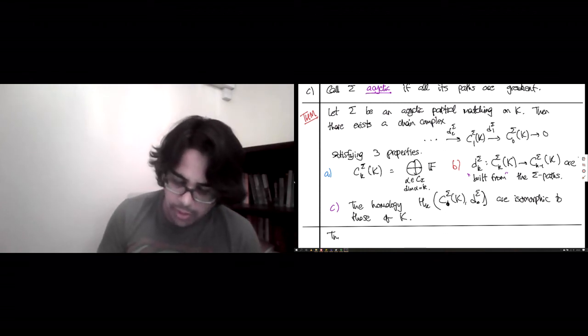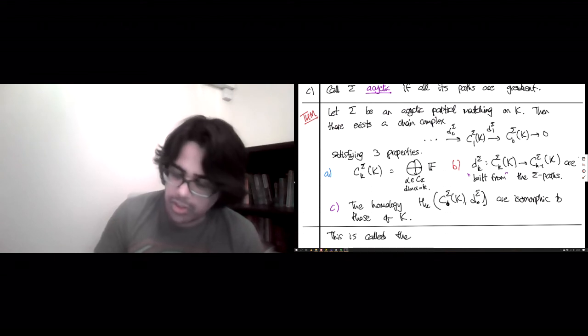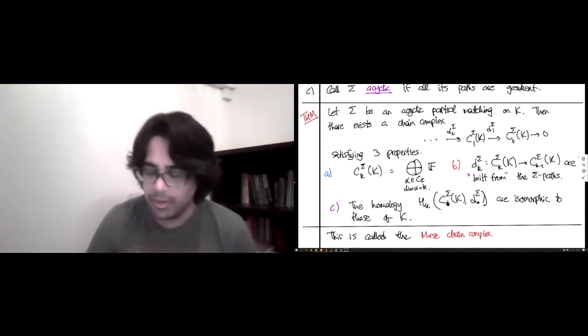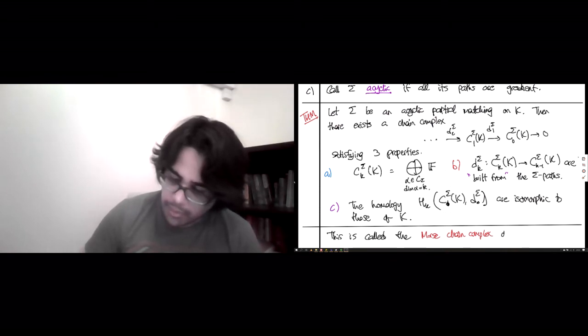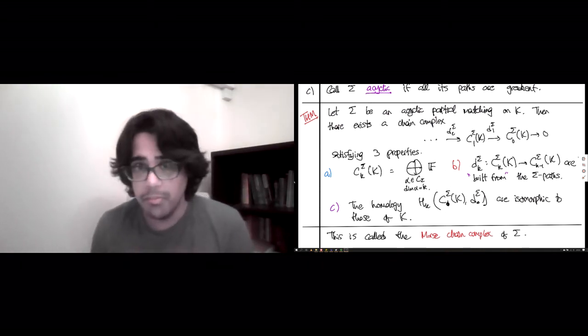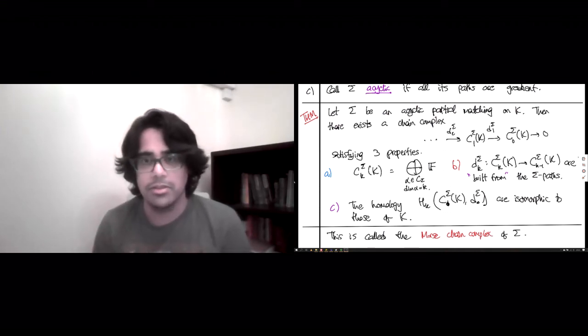And this is called the Morse chain complex, for reasons that have to do with smooth topology, and you can read about in the notes. This is the Morse chain complex of sigma, and in the next lecture, we will build this complex with our own hands. So see you there.